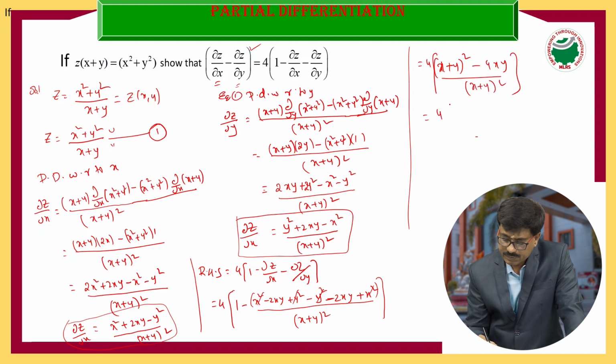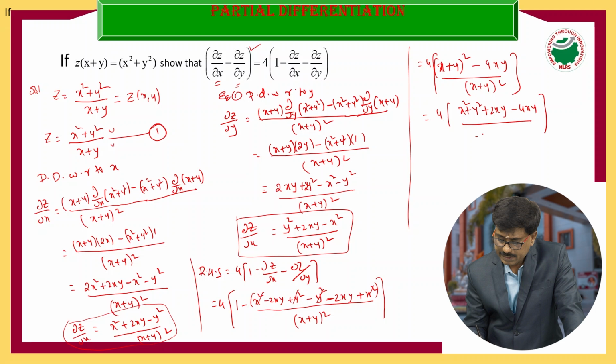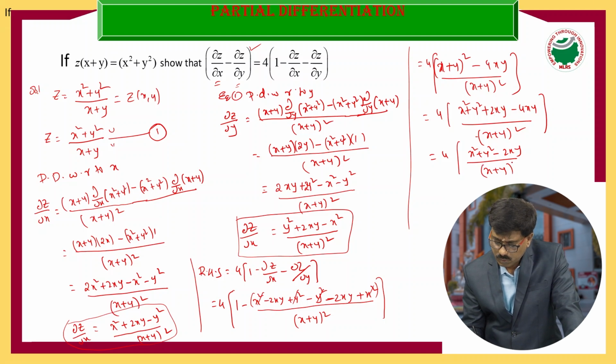If I simplify this one, 4 into x square y square plus 2xy minus 4xy whole divided by x plus y whole square. 4 into this, we can rewrite x square plus y square minus 2xy divided by x plus y whole square.